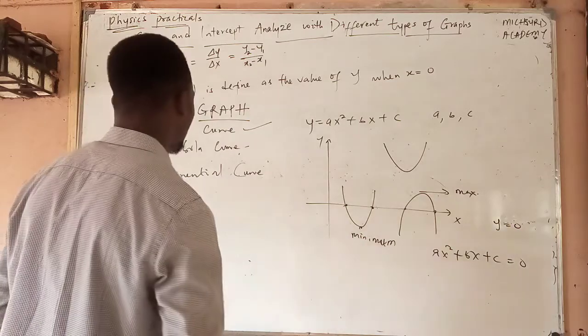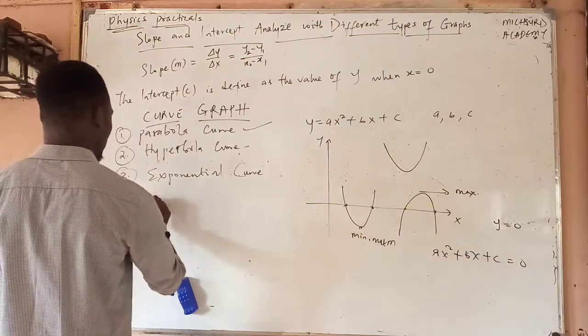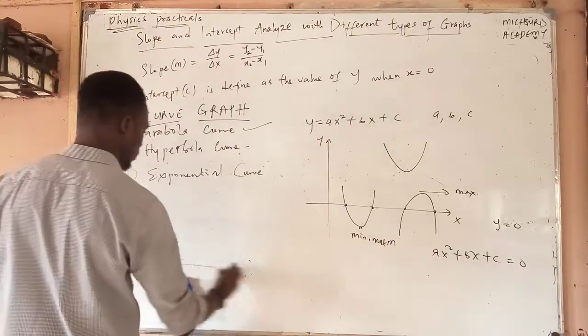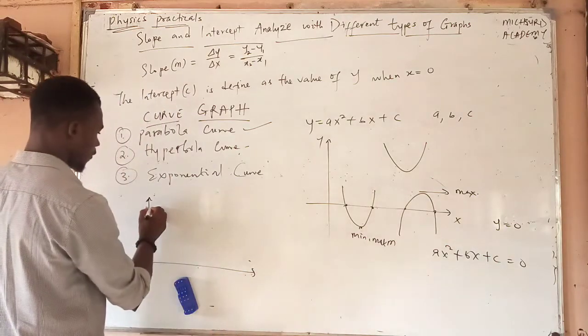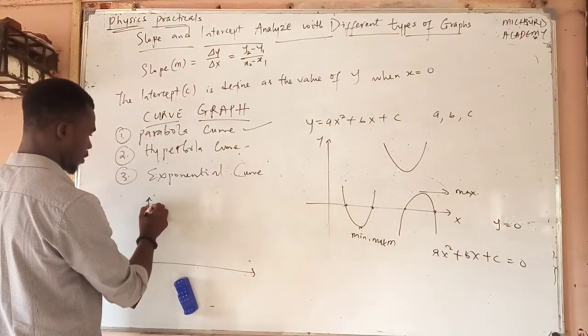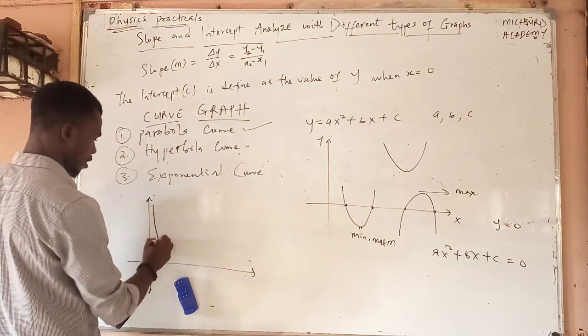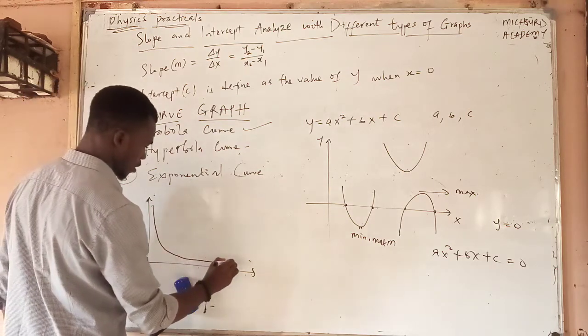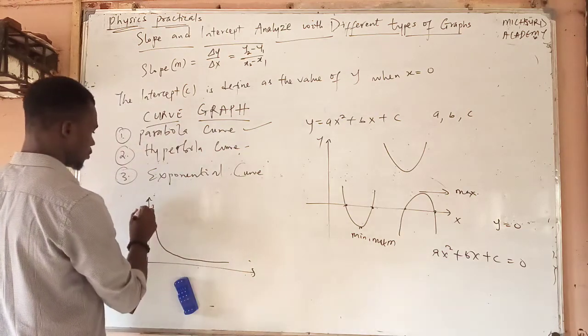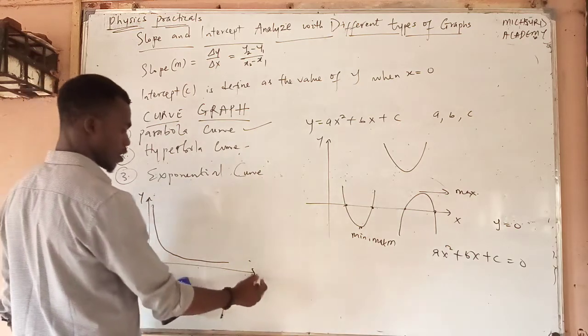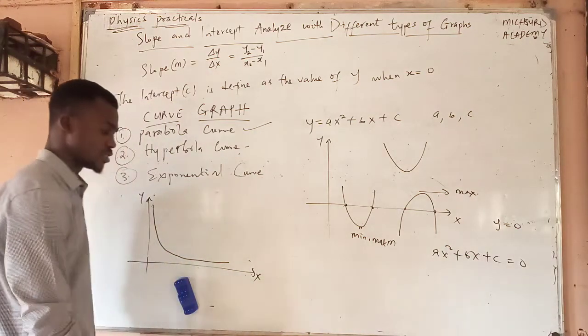Now for the hyperbola curved graph, we have it in such a way that the graph comes this way, as if it wants to cut the y-axis and also the x-axis.